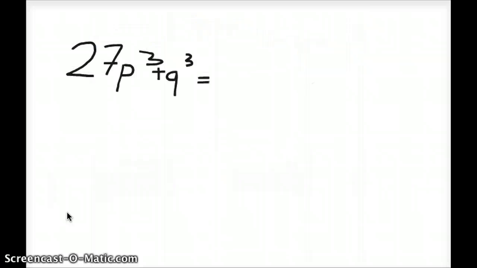Our next equation is 27p cubed plus q cubed. For this equation, you would plug in for a, 3p. And then the next step, you plug in for b, q.